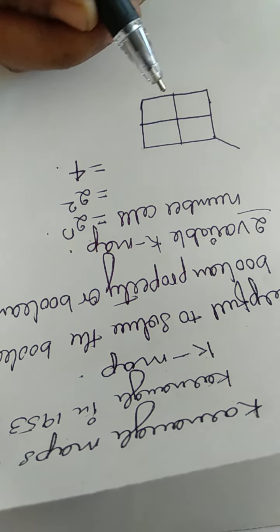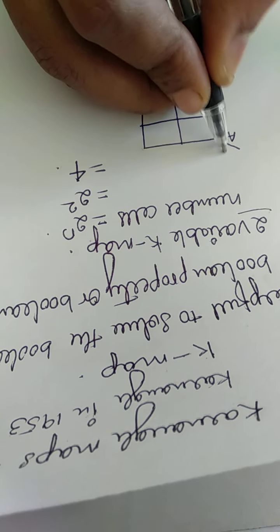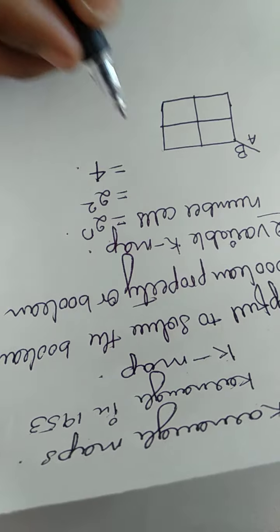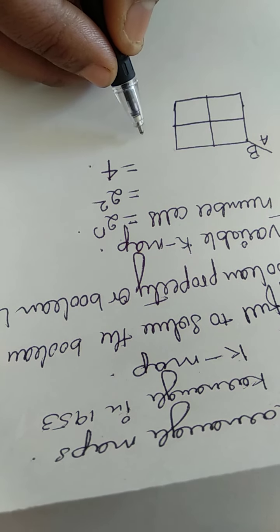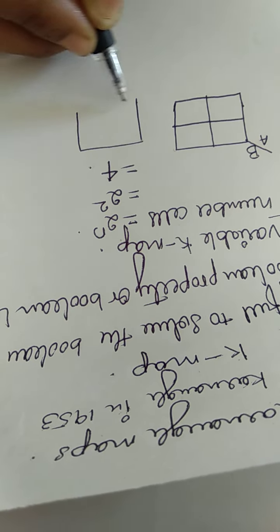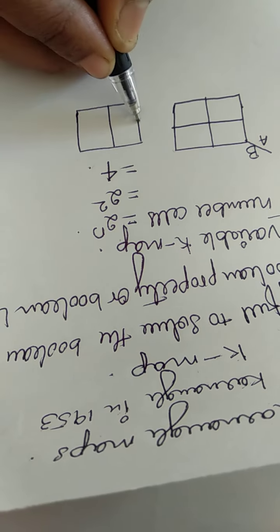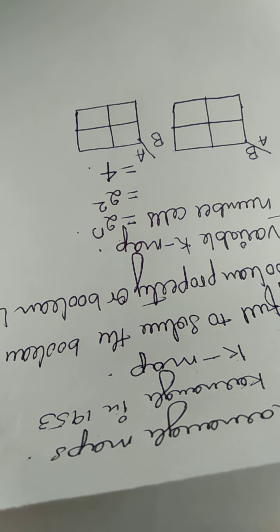So the variables are A and B. You can write it as A and B, or else you can interchange the places of the variables, like this also. You can take B here or A here.